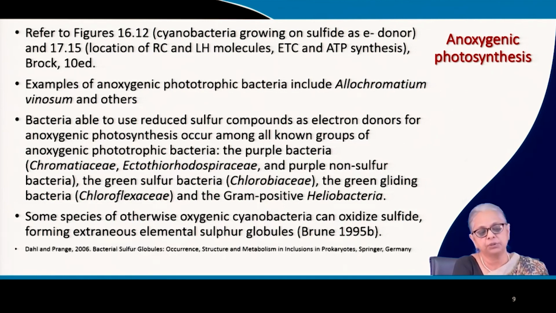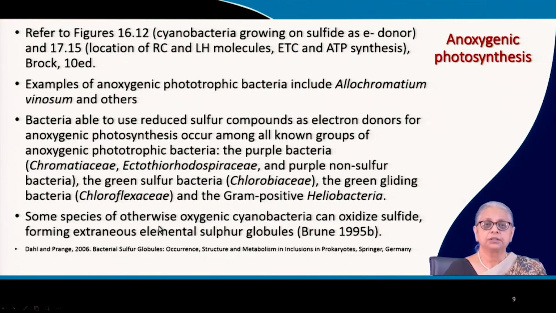They are all capable of anoxygenic photosynthesis. So you have the purple bacteria, several species that are mentioned here, purple non-sulfur as well as sulfur bacteria. There are green sulfur bacteria, Chlorobiaceae, the green gliding bacteria, Chloroflexaceae, and the gram-positive heliobacteria.